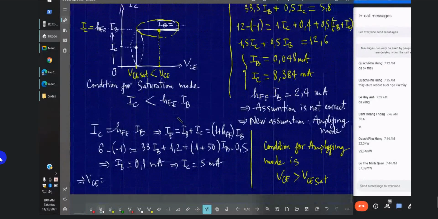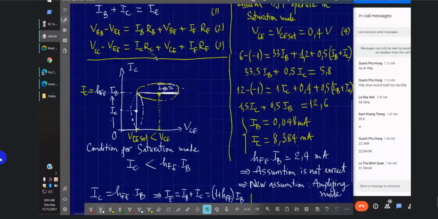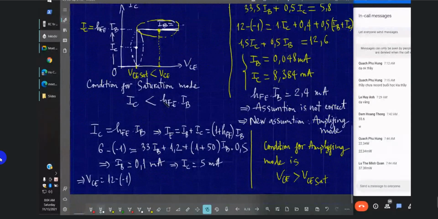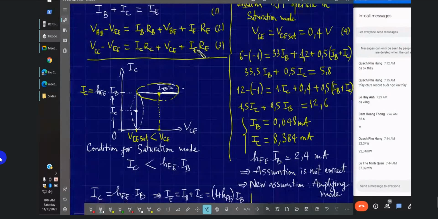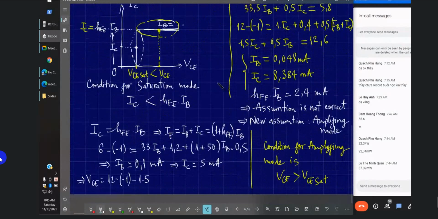So it would be 12, and then minus of minus 1, and then minus RC IC, so RC is 1, IC is 5, and then minus IE RE, which is the beta plus 1 multiplied with IB 0.1 multiplied with RC 0.5.